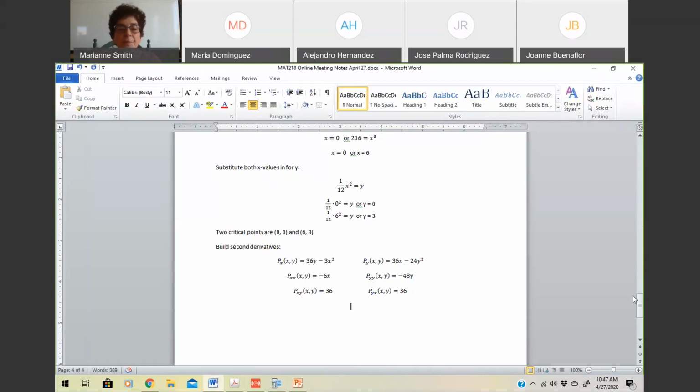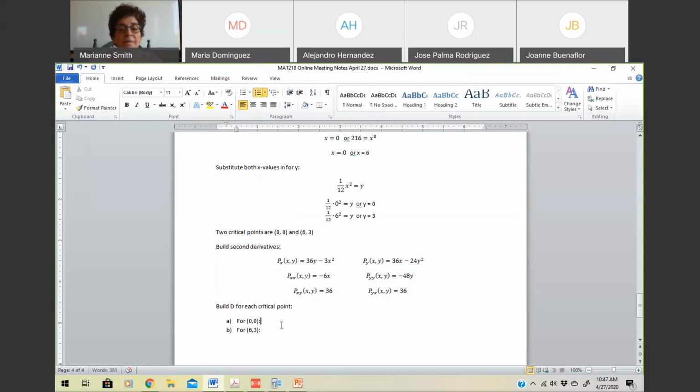Right, so then I have to build my D for each critical point. So let me go here and do D at 0, 0, and my second one would be D at 6, 3, just so I can separate them.